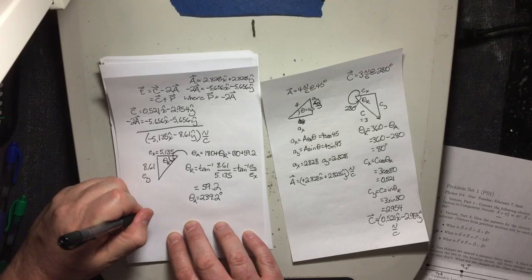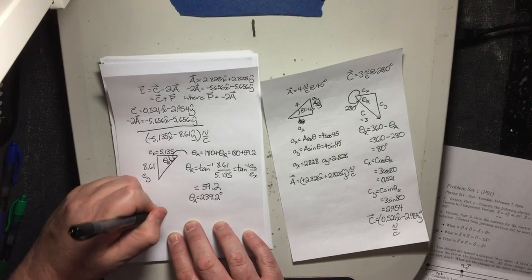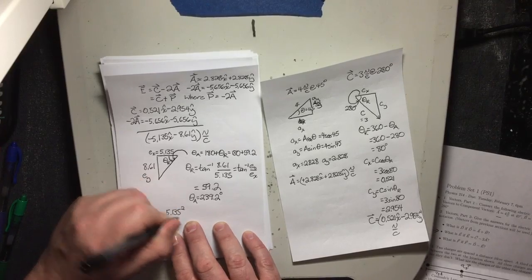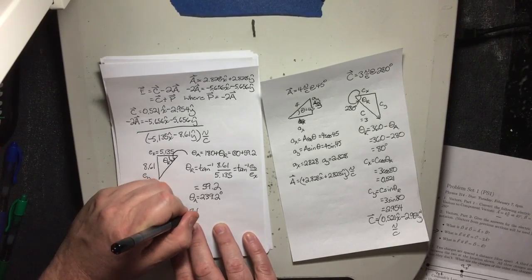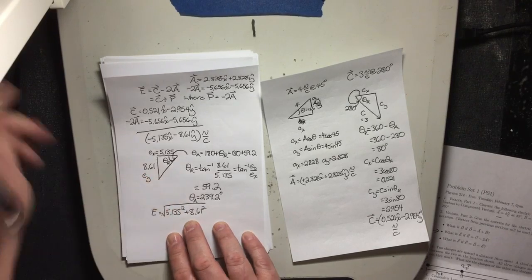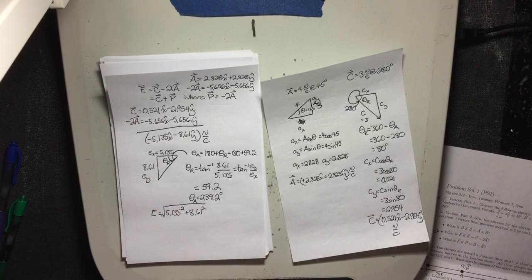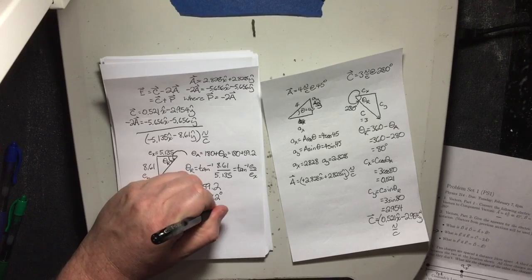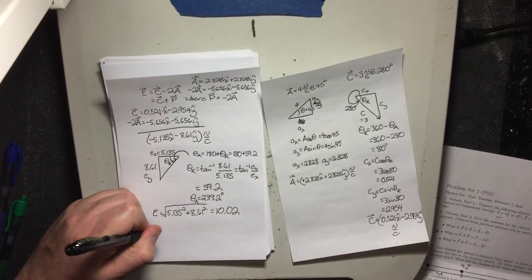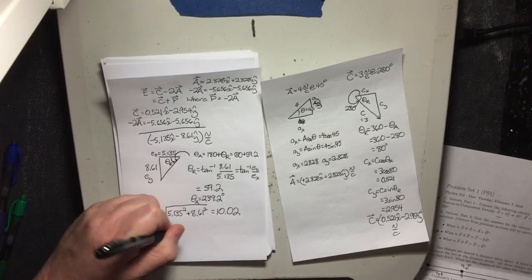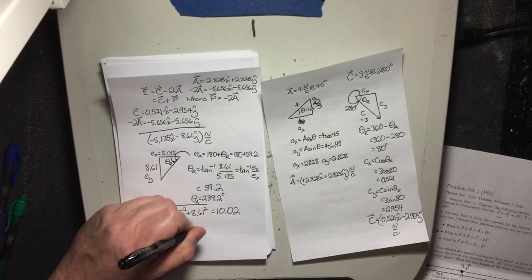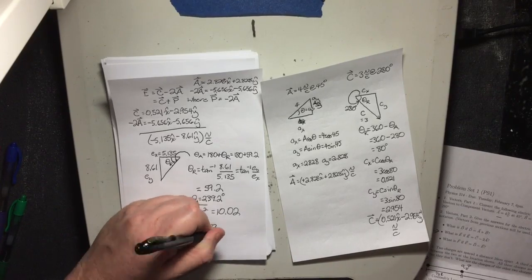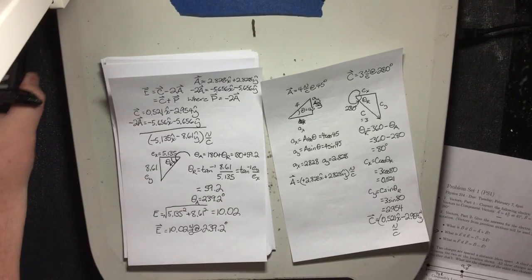The magnitude of this, E, is 5.135 squared plus 8.61 squared, just standard Pythagorean theorem. Ooh, and I must have planned ahead. 10.02, yeah. So this E vector is 10.02 newtons per coulomb at 239.2 degrees.